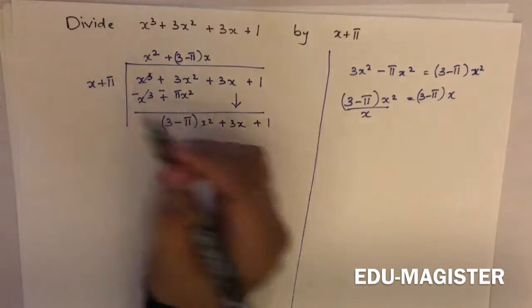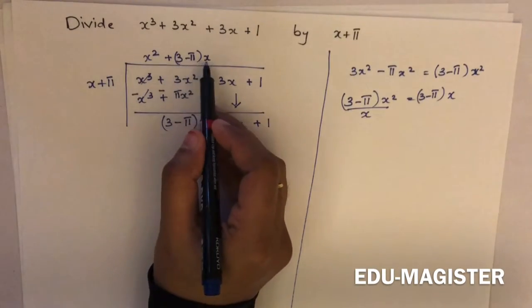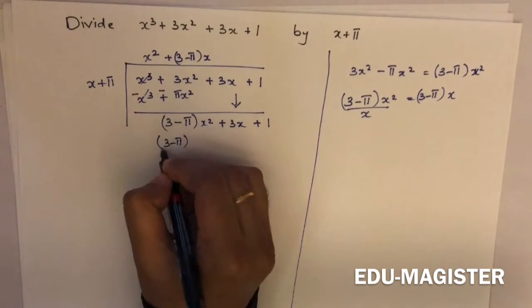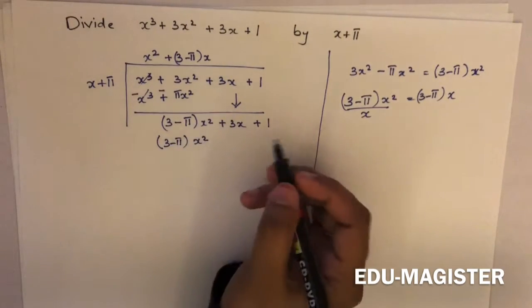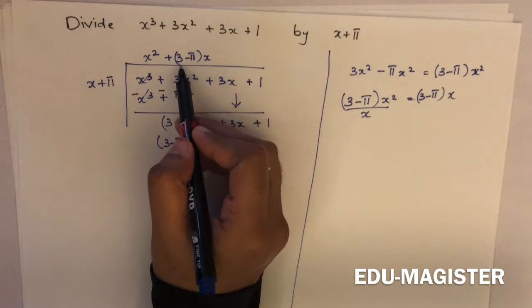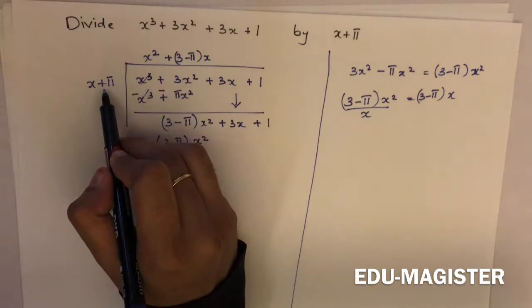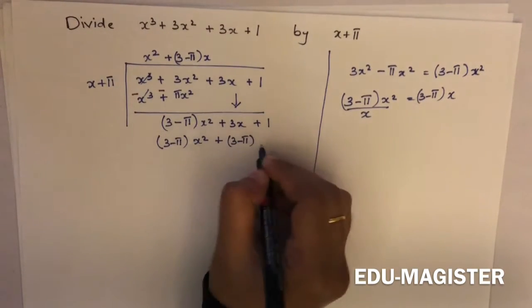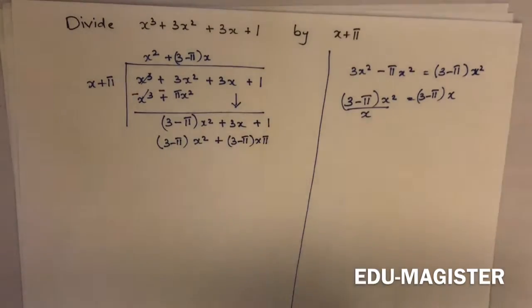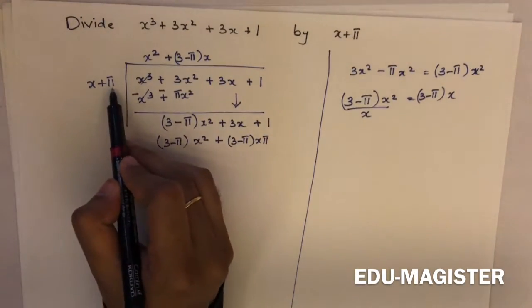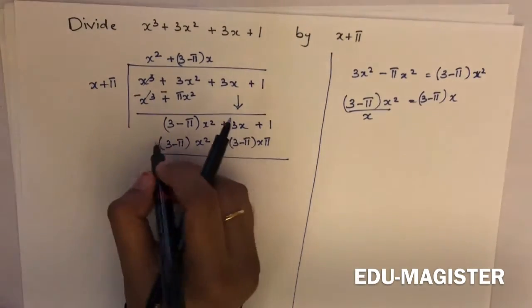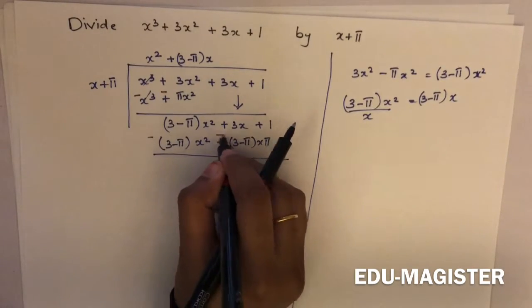Now while multiplying, we get 3 minus pi x into x, that is 3 minus pi x square. Then 3 minus pi x multiplied by pi, that is positive 3 minus pi x pi. I'm multiplying this term with pi. While subtracting, this will be negative, this will also be negative.